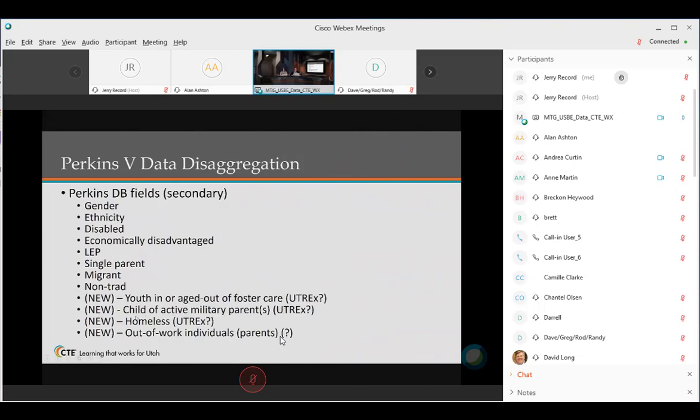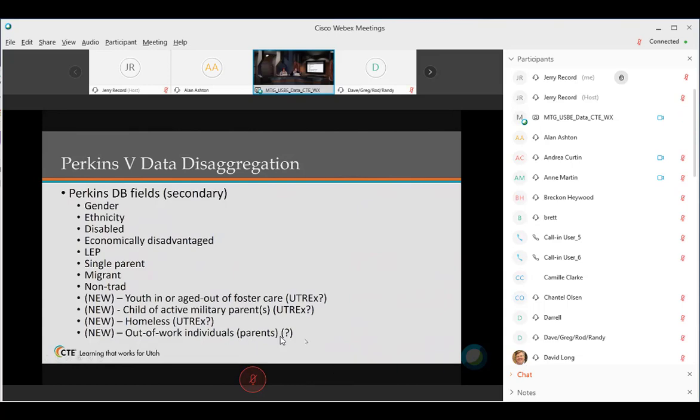Lynn says yes, the first three are in Tracks. Okay. The next is child of active military parents, and then homeless, and the final is out of work individuals. And Wendy thinks that's referring to parents of the students, if they're out of work.